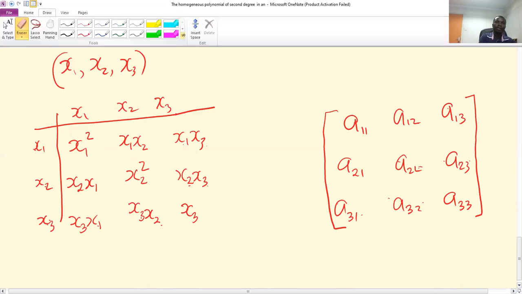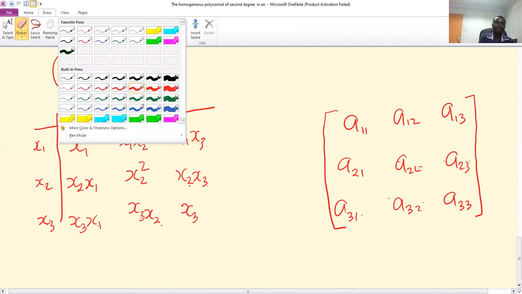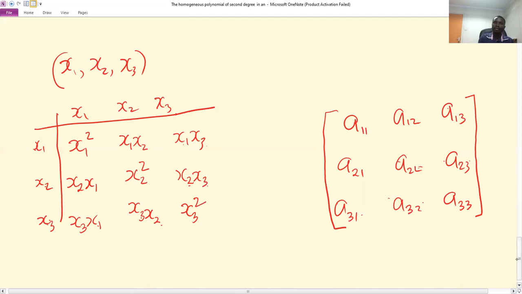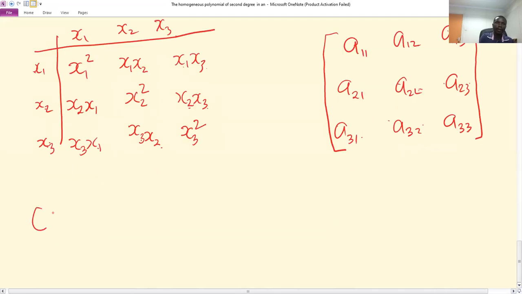So then now you write the quadratic form Q of x1, x2, x3 will be, now the position here is A11. So you write A11 x1 squared.